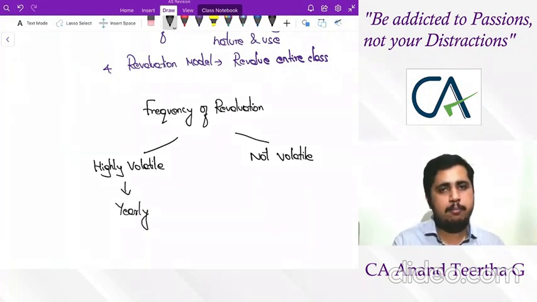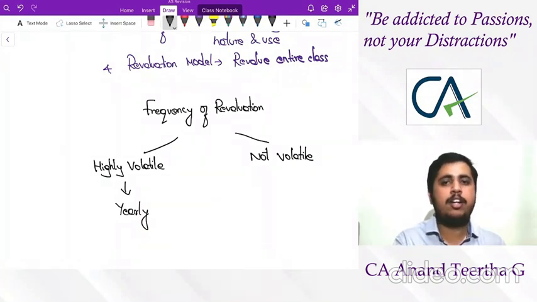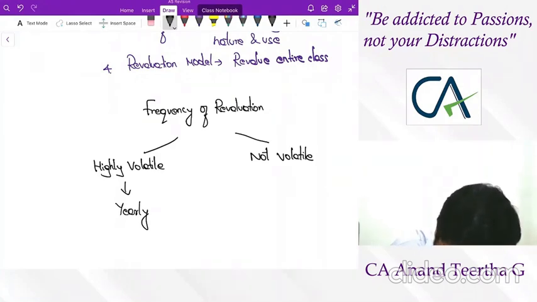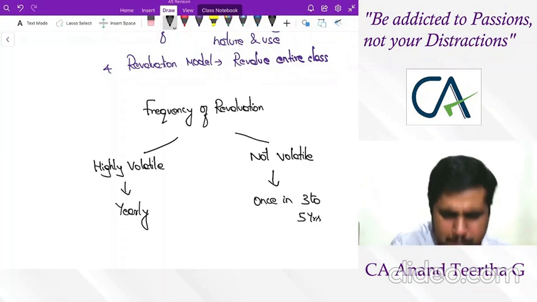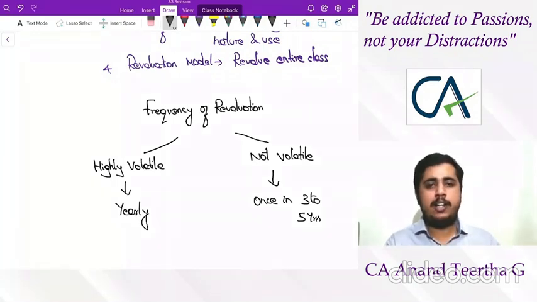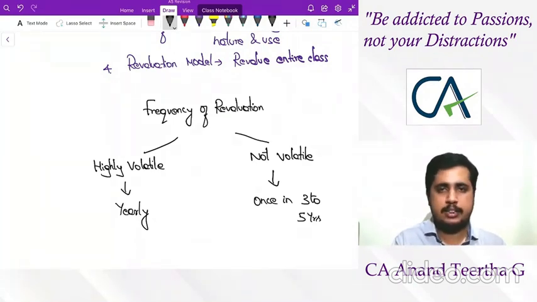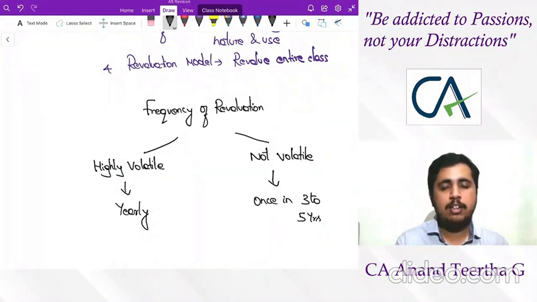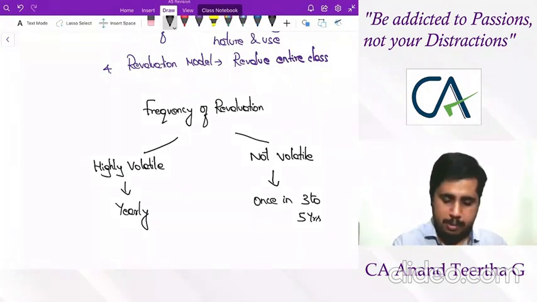A highly volatile example is electronic equipment, say mobile phones. The market is too dynamic, the value is highly volatile, so yearly you have to revalue. Or if it is not so volatile, once in 3 to 5 years. Say, for example, a building. Drastic changes in the value normally don't happen, so go for 3 to 5 years revaluation. So that's how the frequency of revaluation should be done.